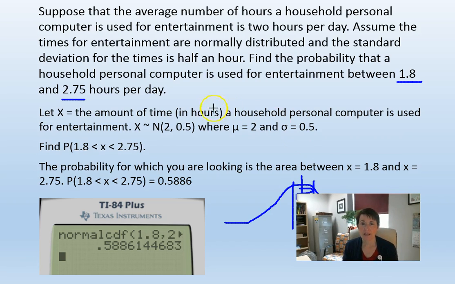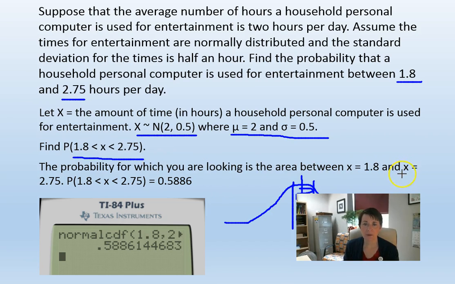Well, we're going to let our amount of time in hours look like this. Now, what is this telling me? This is just giving me the information of the standard deviation and the mu. And I want to find my x, the probability that x is between these two numbers, my lower limit and my upper limit.